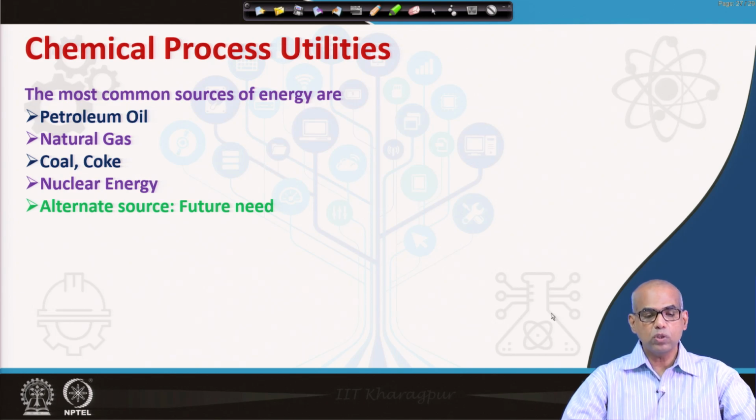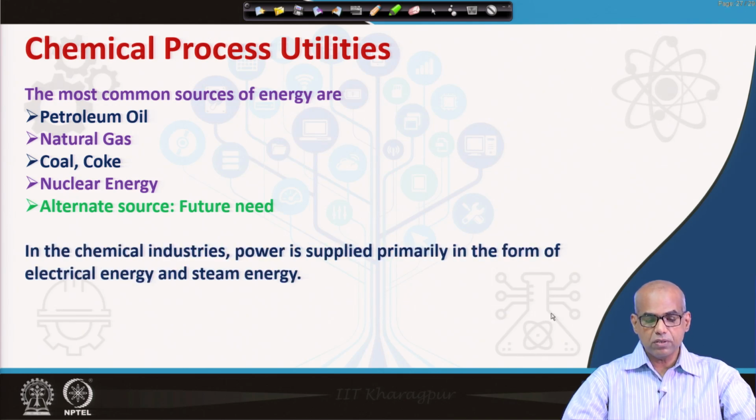The most common sources of energy are petroleum oil, natural gas, coal, coke, nuclear energy and also alternate sources which we must think to use more and more in future.